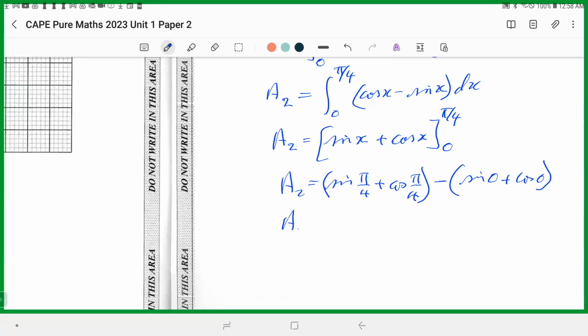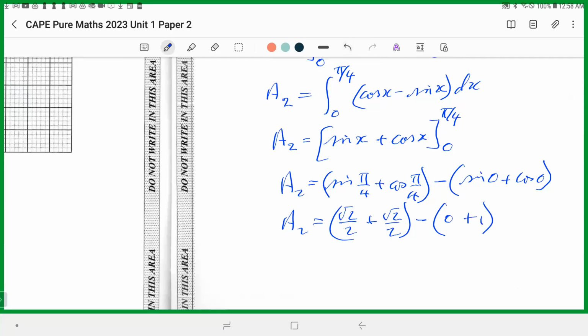So area 2 equals root 2 over 2 plus root 2 over 2, minus sine of 0, which is 0, plus the cos of 0, which is 1.